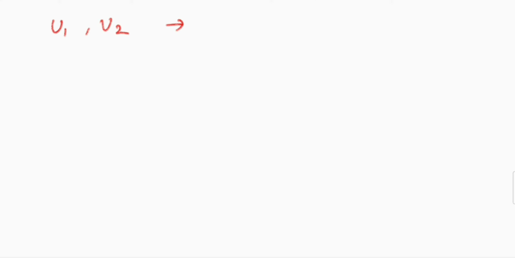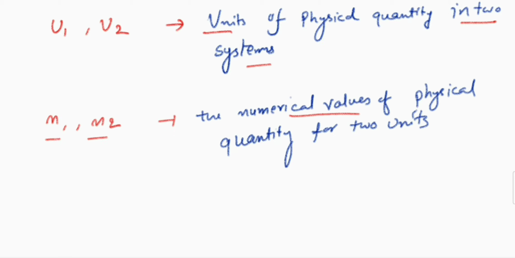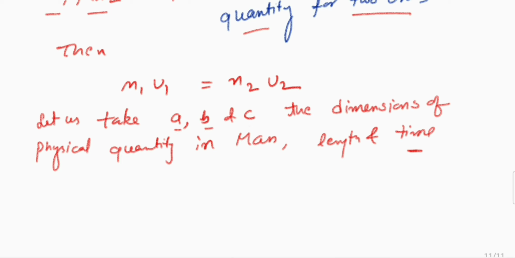Let's take u1 and u2, the units of a physical quantity in two systems, and n1 and n2 are the numerical values of the physical quantity for the two units. Then n1 u1 is always equal to n2 u2. Let a, b and c be the dimensions of the physical quantity in mass, length and time.